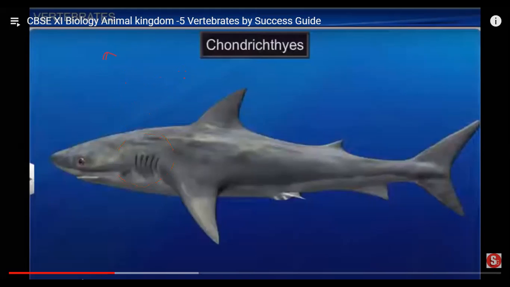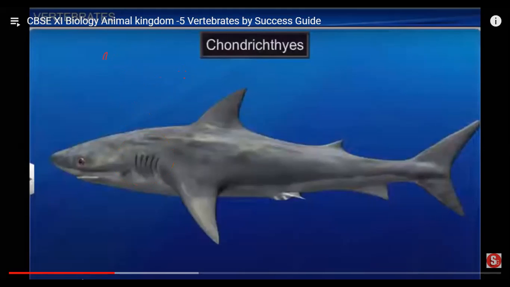The second easiest way to identify whether the fish is cartilaginous or bony is to observe them for some time. If you find that the fish is flapping its fins throughout, whether it is moving around or staying somewhere, it means it's a cartilaginous fish, because bony fish have an air sac inside their body.